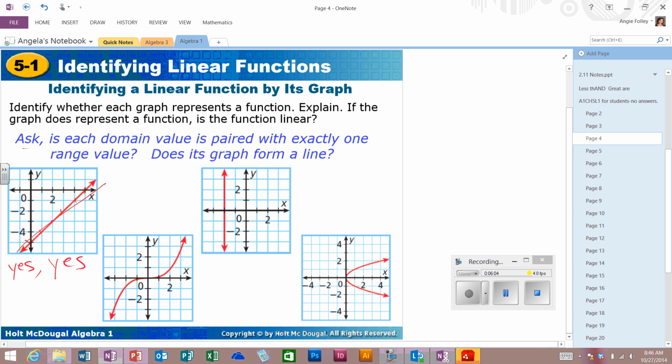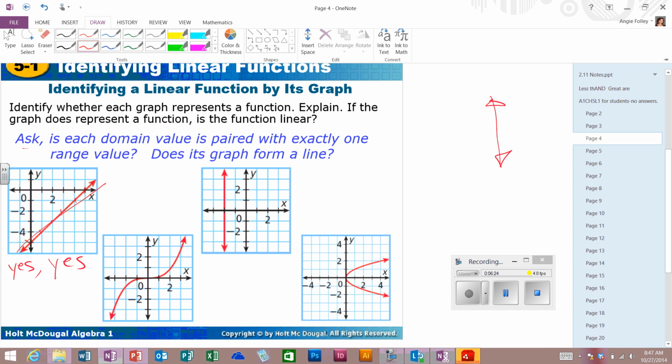There's another test I like to use instead of checking if each one has its own x value. There's something called the vertical line test, which means if you draw a vertical line through the graph at any point you draw it, it should only hit one x value. So if I move across, it should only hit one x value.